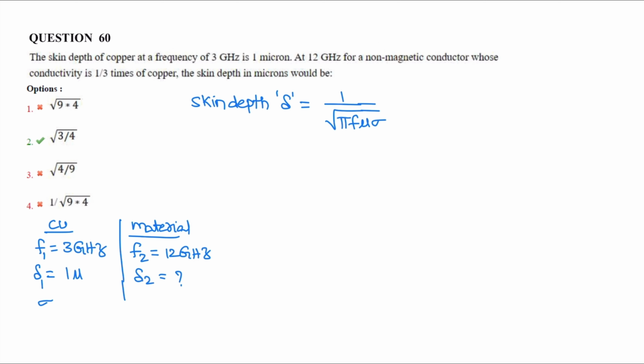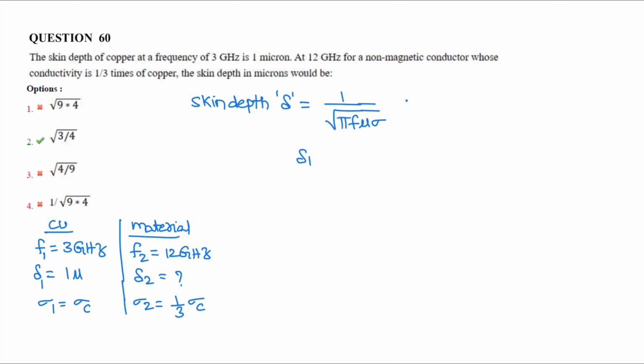Let us assume sigma is the conductivity of copper, sigma 2 is 1 by 3 times the conductivity of copper, sigma C by 3. We know that the skin depth delta is given as 1 by square root of pi f mu sigma.